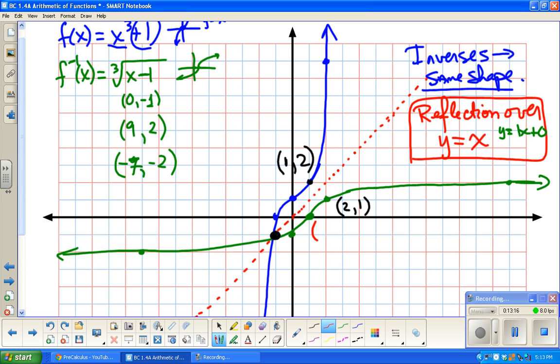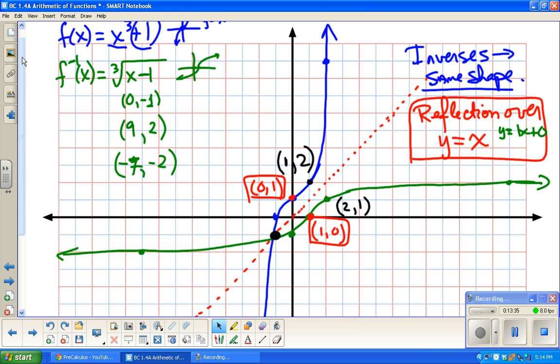This point is at 1, 0, and this point is at 0, 1. So my question to you is, is that surprising? That 1, 0 is on the inverse and 0, 1 is on the original.